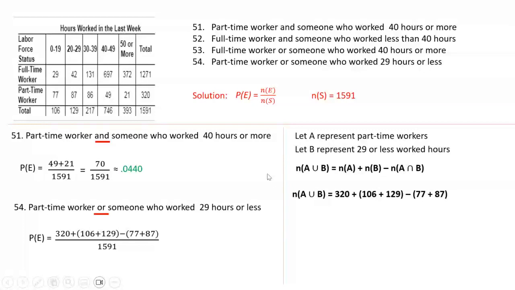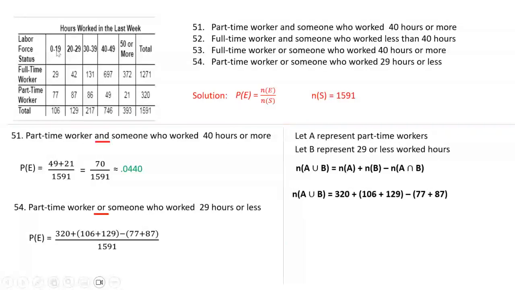So here for the formula, right? So N of A will give us 320 because those are the part-time workers. Then N of B, which is the workers that work 20 hours or less, are going to be here the first two columns. So it's going to be 106 plus 129. And then for the both intersect will be the 77 and 87 because here are the part-time workers, right?